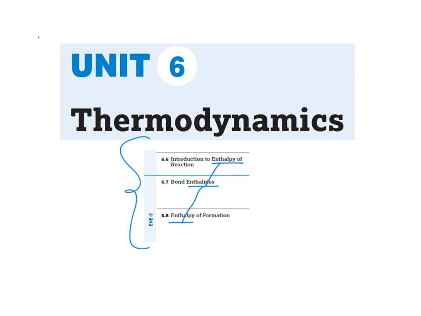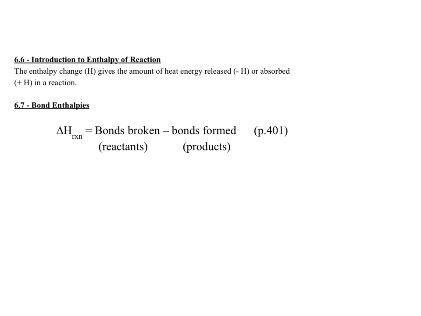So here we go. The first way that we're going to go through today to calculate delta H is by using something called bond enthalpies. Anytime we say the word enthalpy, we're basically talking about bond energies.